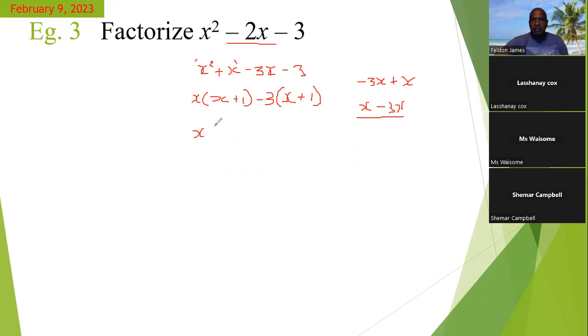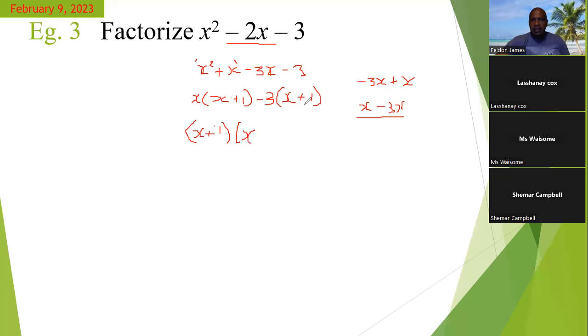So we take out x plus 1 as our common factor. Open our brackets, x into x, the x plus 1 cancels out, leaving x.